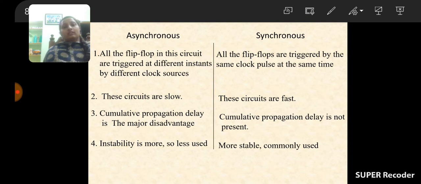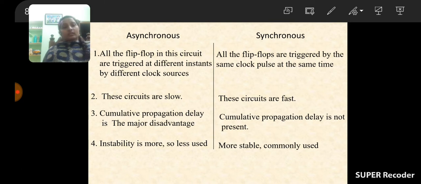While coming to asynchronous, these circuits are slow because in asynchronous, the first stage output acts as a clock pulse for the next stage. I told you, the flip-flops are clocked with different clock pulses. From where do we get the different clock pulses? The output of one flip-flop acts as the clock pulse for the next flip-flop, so the second stage flip-flop waits until the first stage output occurs.